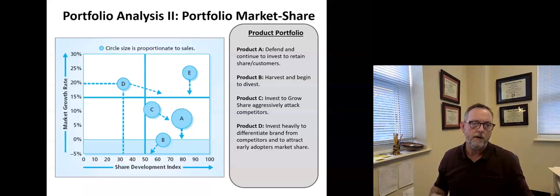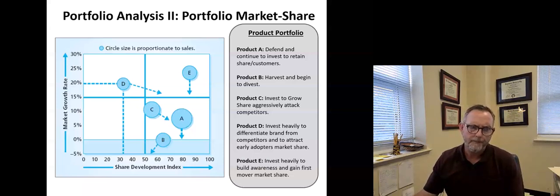So as you're building your brand, you're building your product, you're establishing your market, you're defending yourself very heavily against competition until the weak competitors leave, giving you more market share. It's one of the strategies that we're going to want to do.